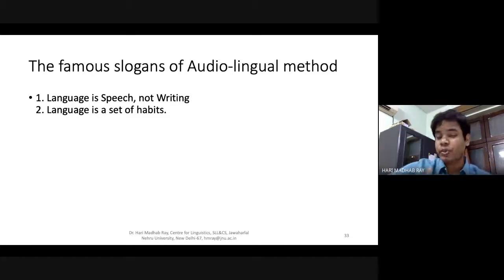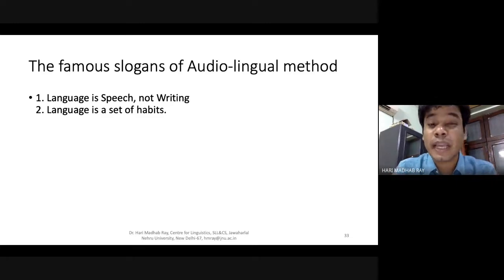Earlier, in the historical tradition, the comparative method, people were looking at classical languages, comparing, let's say, Sanskrit with Latin, Latin with Greek, and other classical languages for that matter. So the paradigm had already shifted, let's say, by Saussure, the father of modern linguistics, and also especially in language teaching. This is the famous slogan of the audiolingual method: language is speech, not writing. So this is the prime focus.